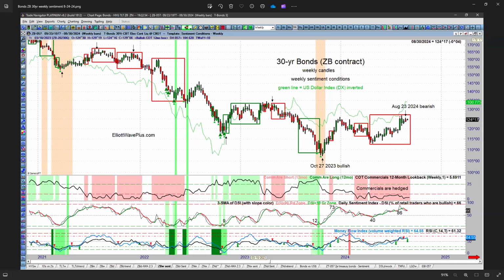So the RSI indicator is in its oversold territory on a weekly chart. That means below 30. And if the money flow indicator is above the RSI while the RSI is oversold, that is a warning sign of a bottom.